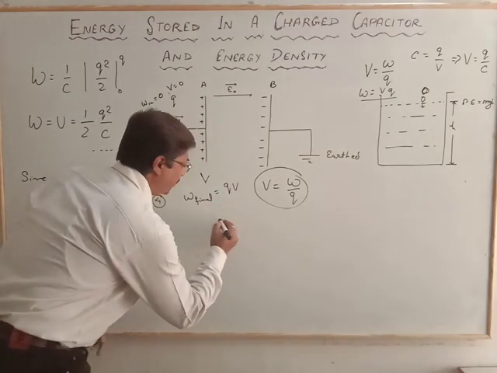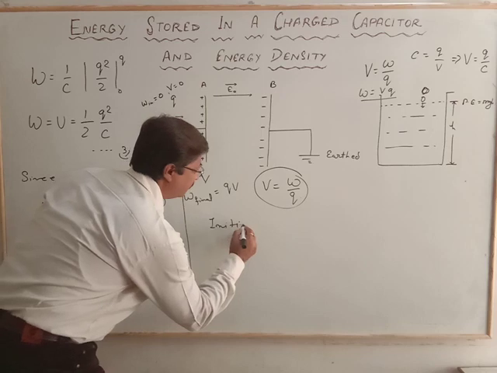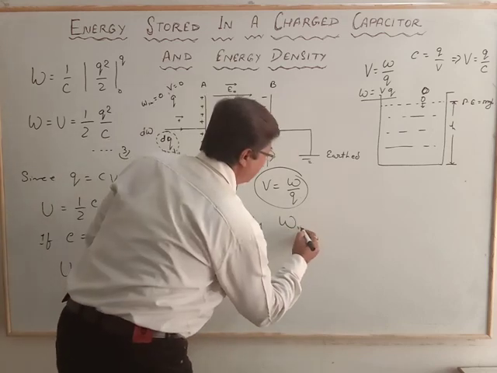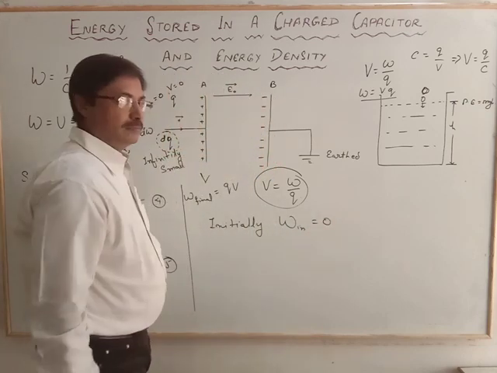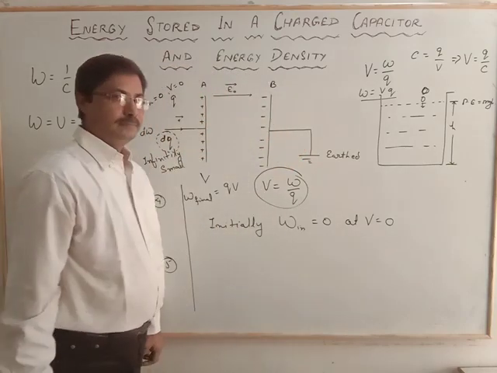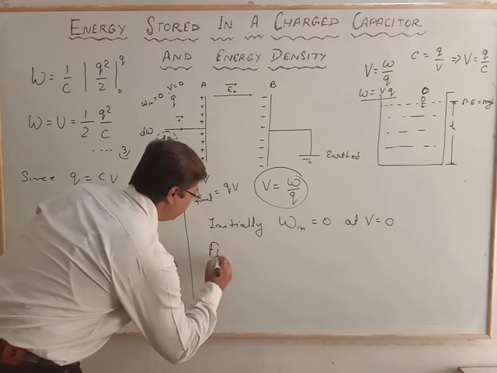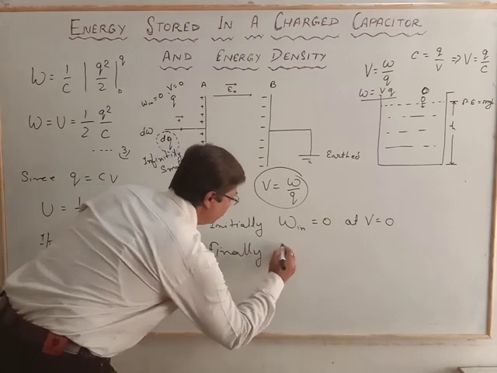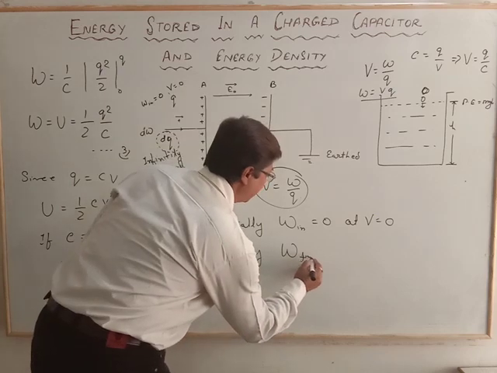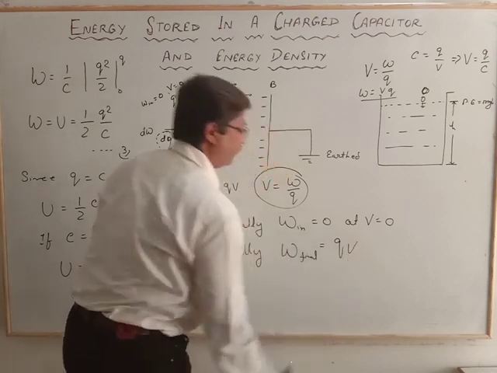So we have the relation: initially, work initial is equal to 0 at potential V equal to 0. Got the point? Now second, finally, final work is equal to QV.